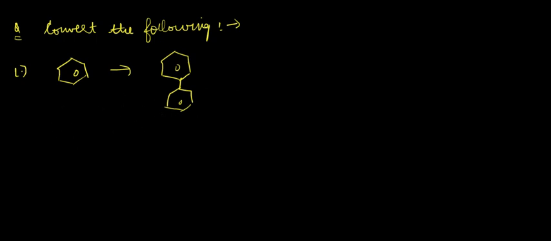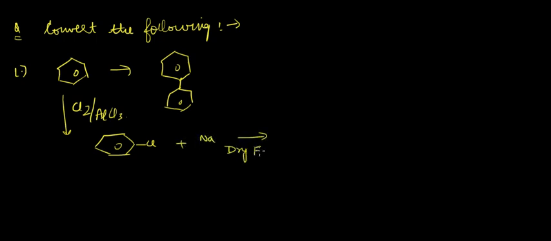It's actually very simple. The first step would obviously be to react it with Cl2 in presence of AlCl3 to get chlorobenzene, and then react it with sodium in presence of dry ether. I hope you remember this reaction, and also hope that you keep revising your previous set of organic chemistry lectures.